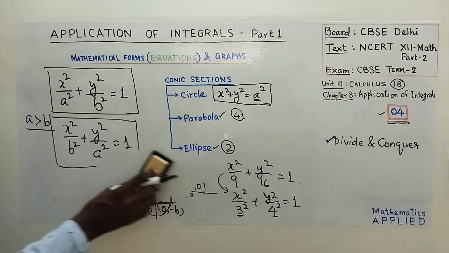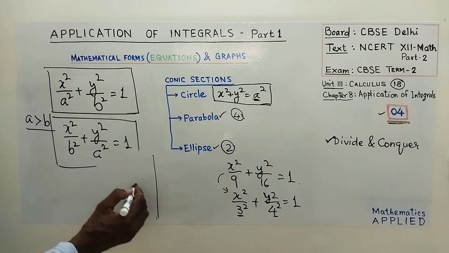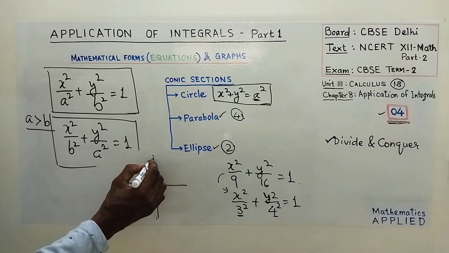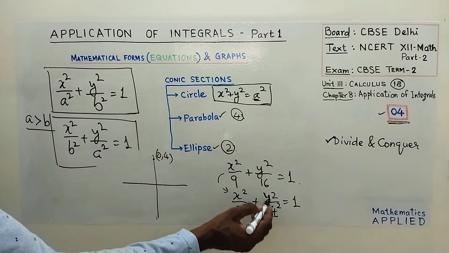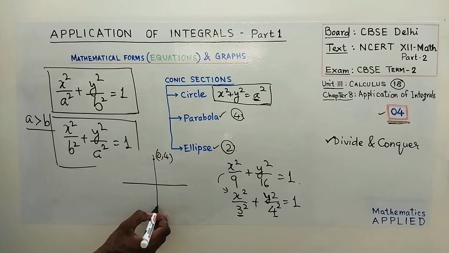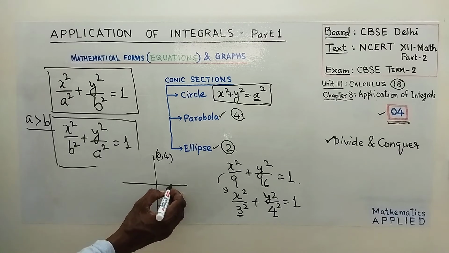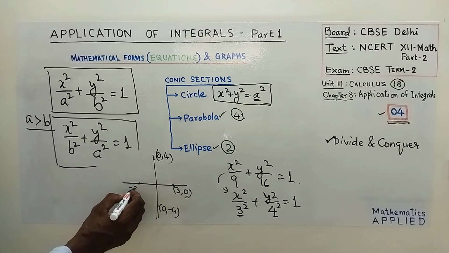So you will draw this graph like this. For this equation, your graph is going to be 0, 4 here, because 4 is your greater value. So you take 0, 4 and 0, -4. Mark it first, and then 3, 0 and -3, 0.